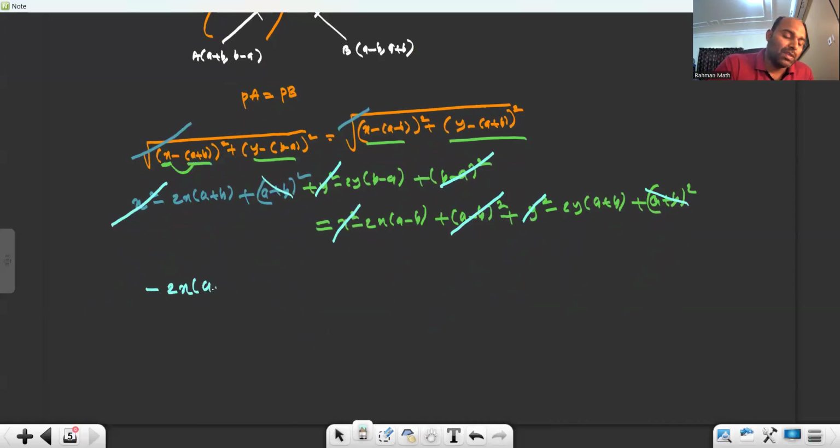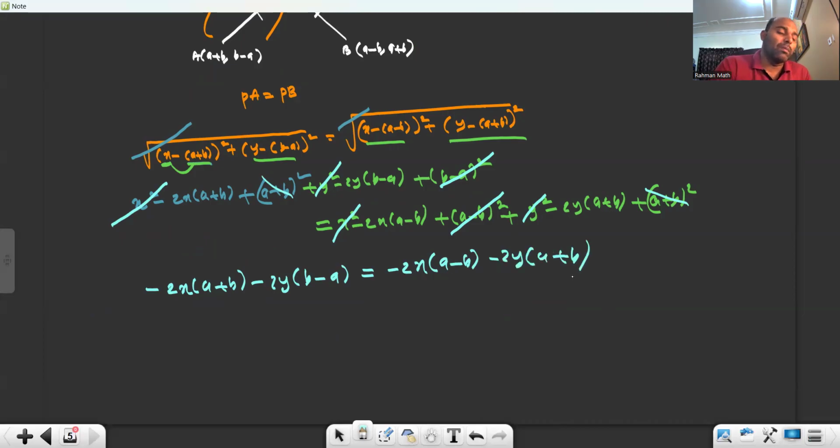Minus 2x into a plus b minus 2y into b minus a, which is equal to minus 2x into a minus b minus 2y into a plus b. Divide throughout by minus 2.